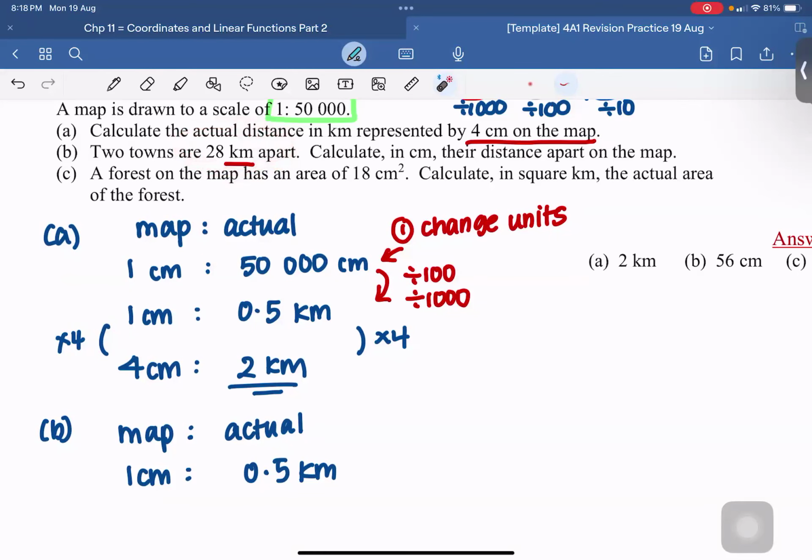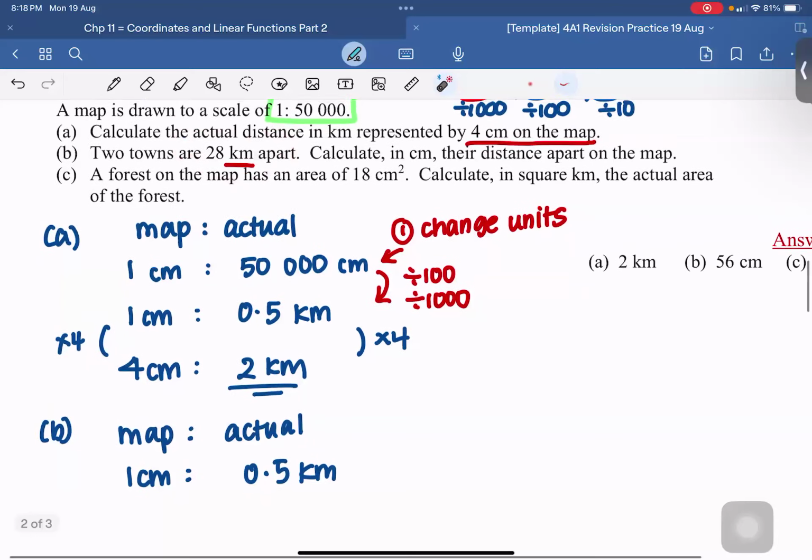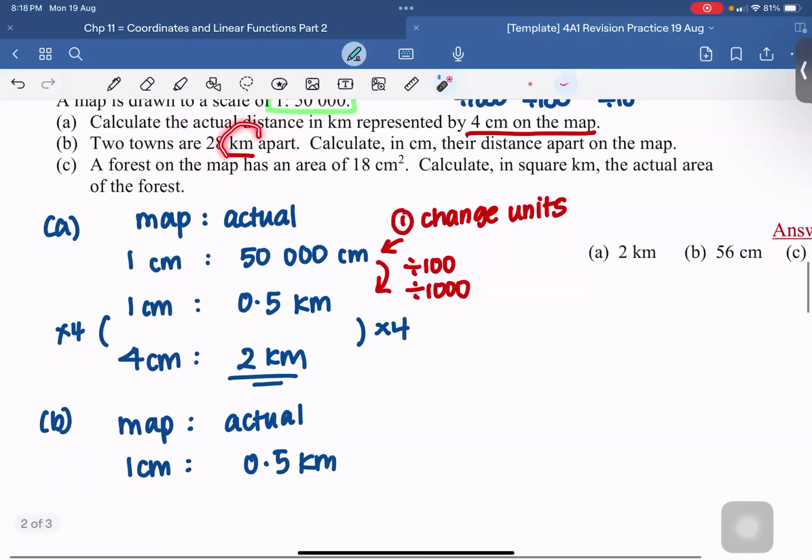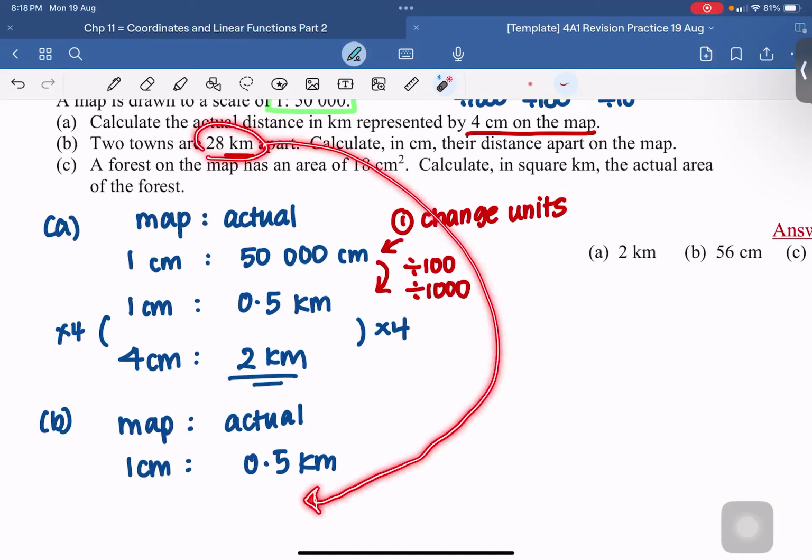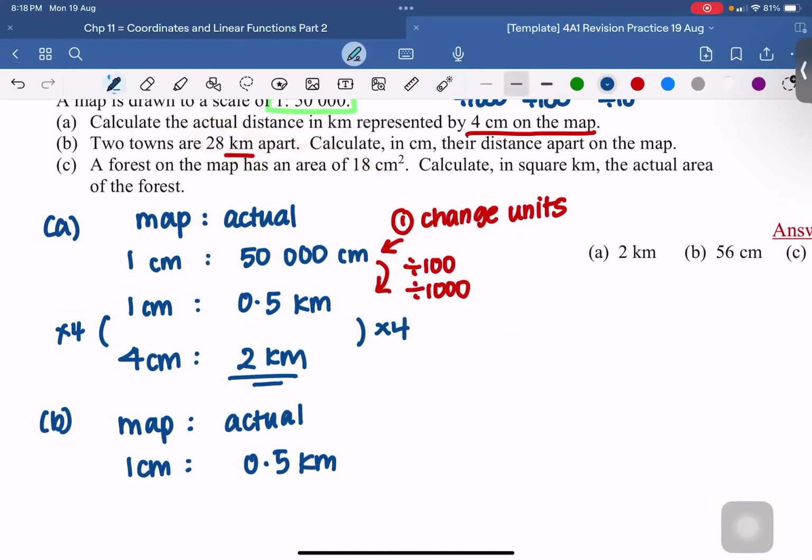Map, are you sure or not? Read the unit. Okay, when you're not very sure, you read the unit again. So 28 kilometers apart. So this one is on the actual. So you put down here, okay? It's okay to try, not the correct answer also never mind, right? So this one is 28 kilometers.